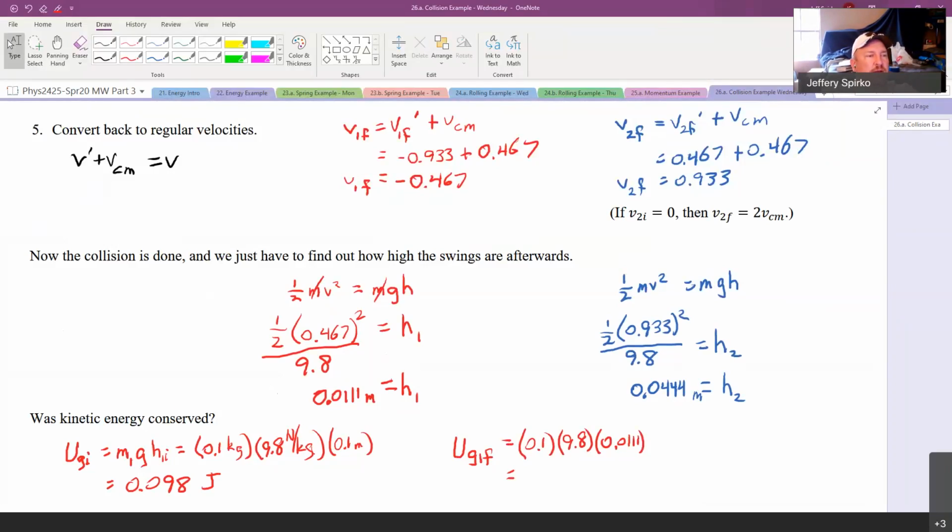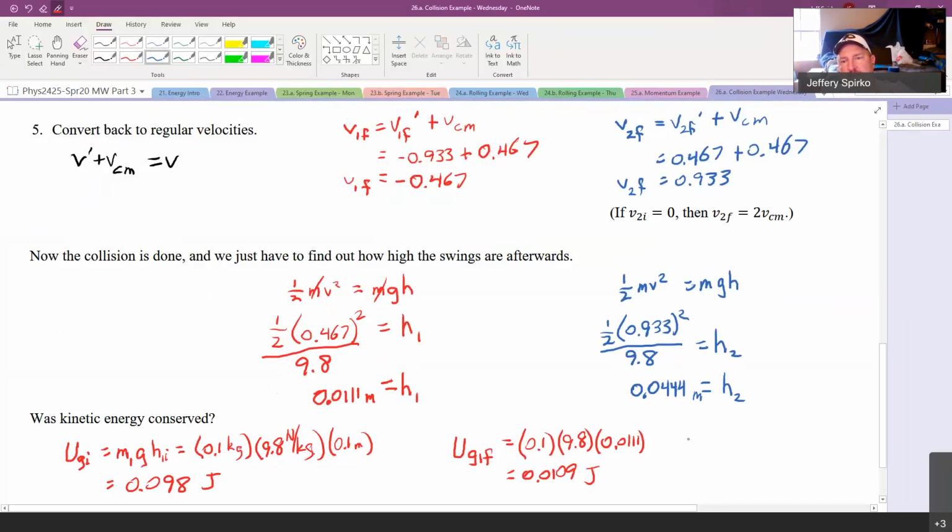Mass 1 times 9.8 times 0.011, 0.0109 joules.